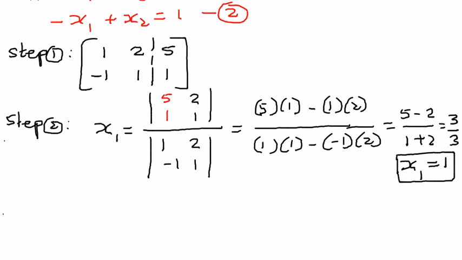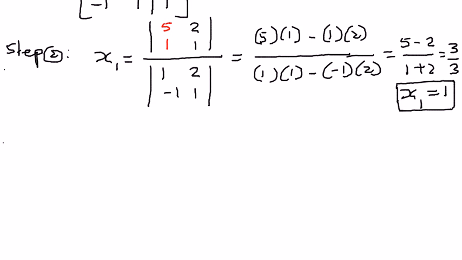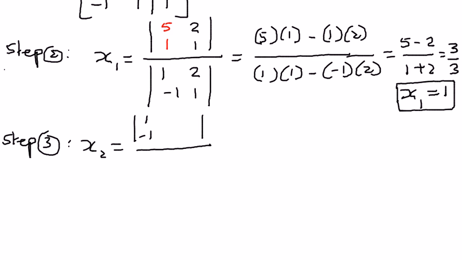We'll use the same method to find the value of x2 as well. Let me call that step number 3. If we want to find the value of x2, in the numerator we're going to replace the second column elements by the constant terms. We retain the first column elements because we already found the value of x1.